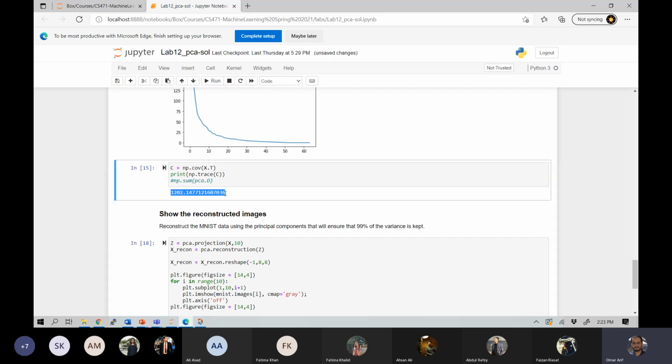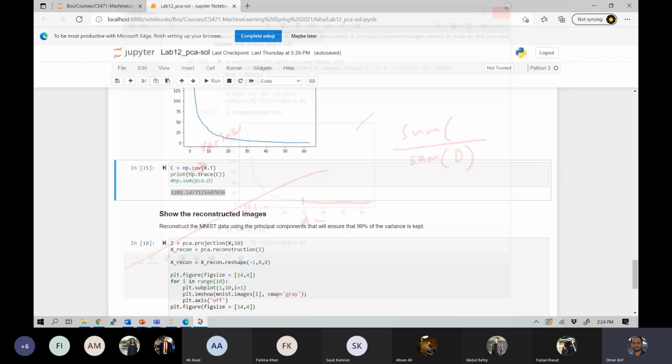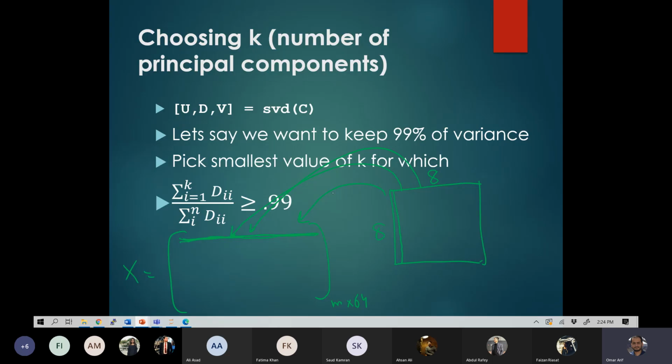Now the next objective in this lab was to retain as many components as give you 95% of the total variance. So the formula that we are going to use is this one. On the denominator is the total variance, and on the numerator is the sum of the variances of the top k principal components.